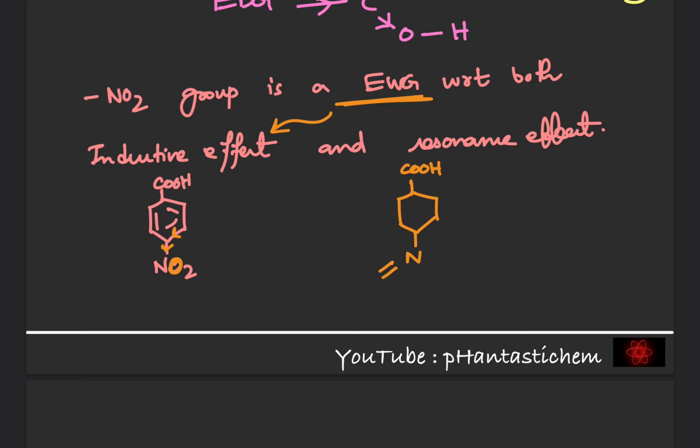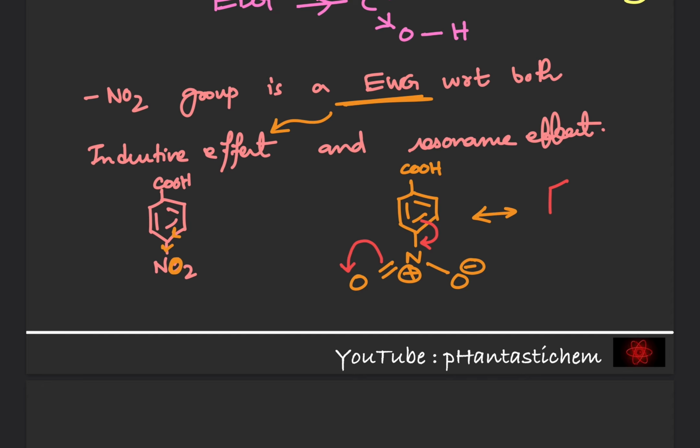I will draw the structure of NO2 in detail. So this is my NO2 in detail. It can show resonance in which this electron pair goes to the oxygen and this electron pair forms a pi bond.